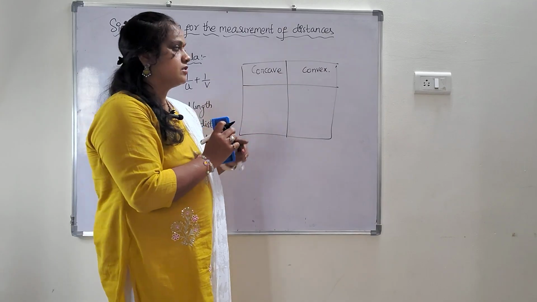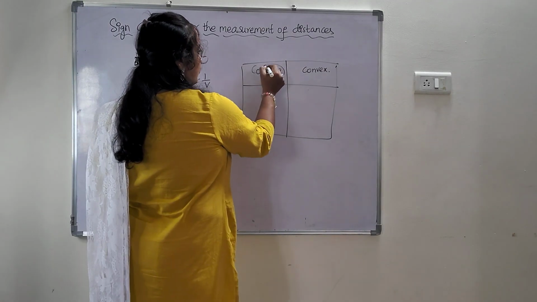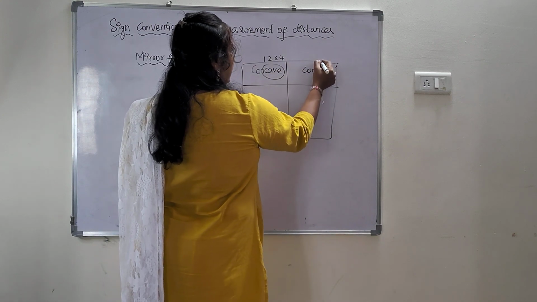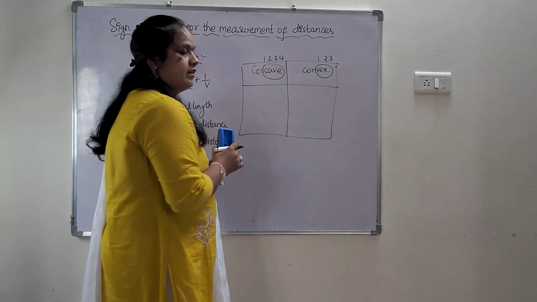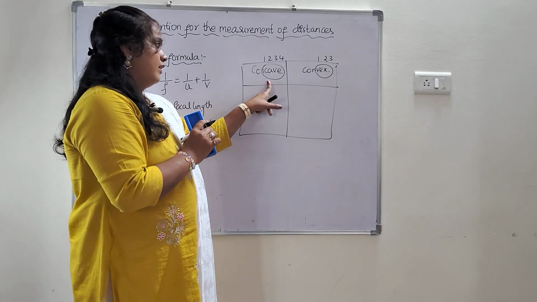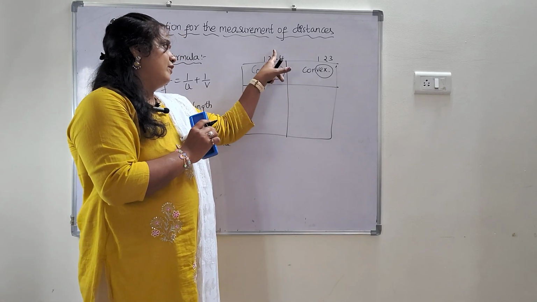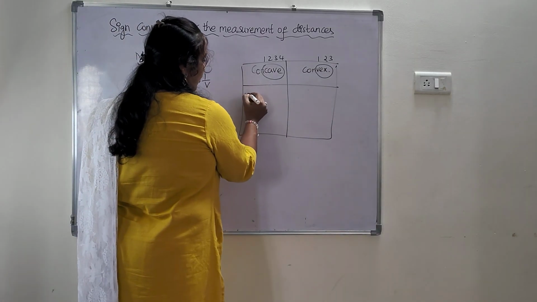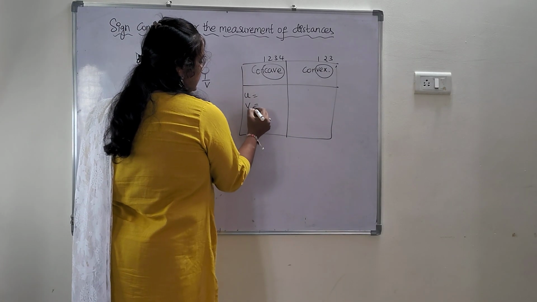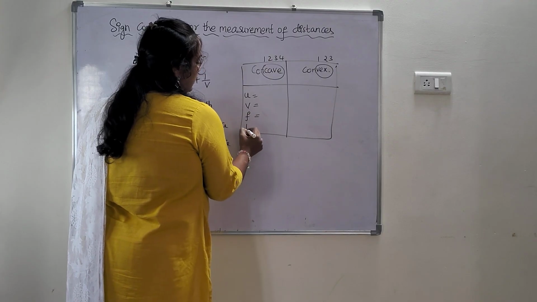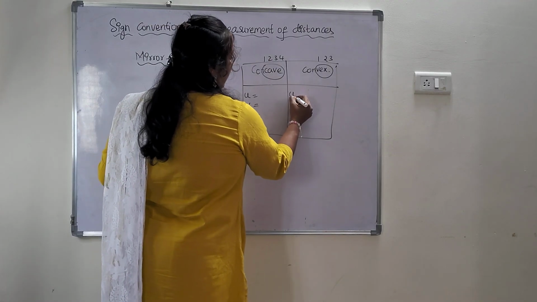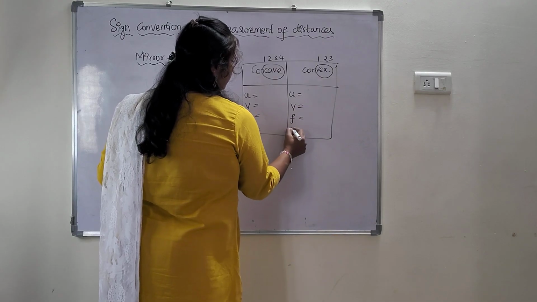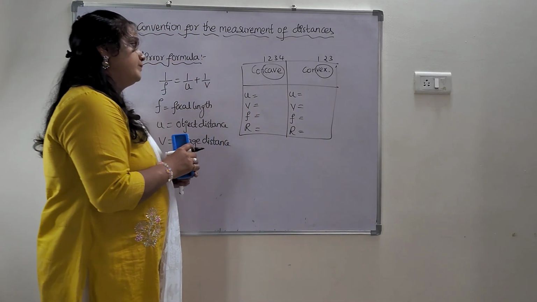Cave has 4 letters, 1, 2, 3, 4, and vex has 3 letters, 1, 2, 3. Here I am writing object distance, image distance, focal length, radius of curvature.